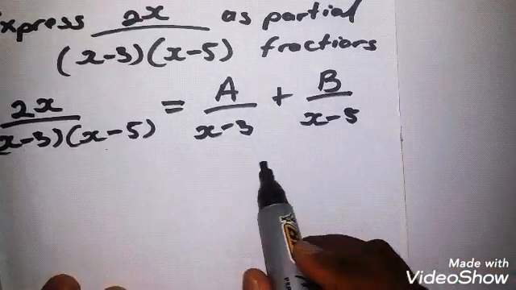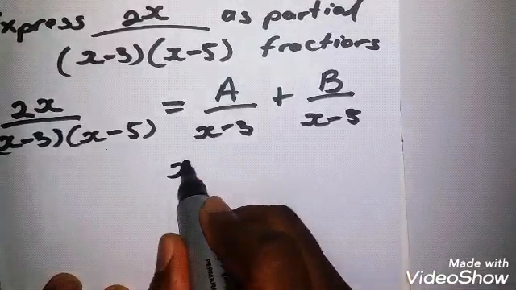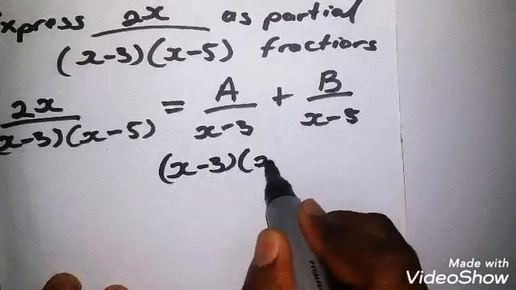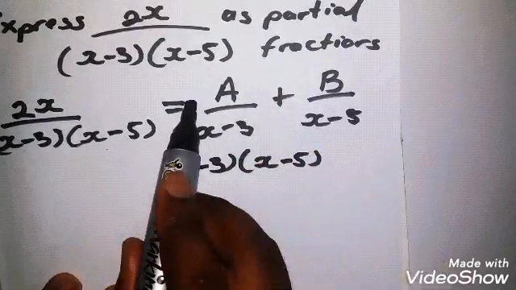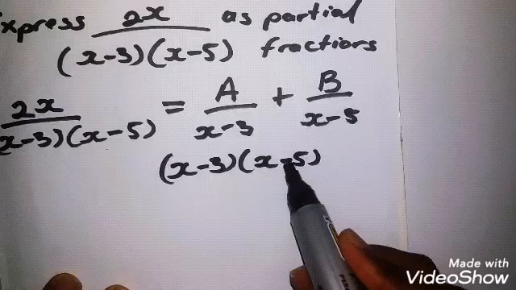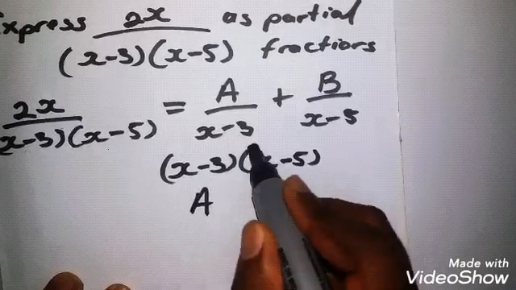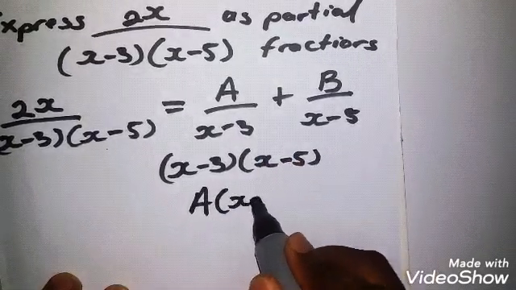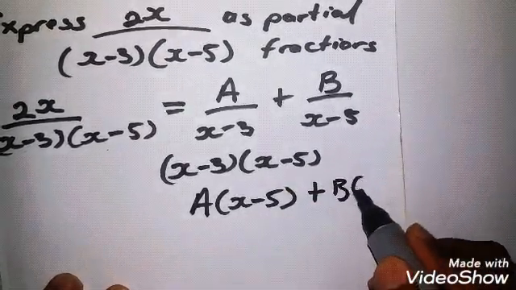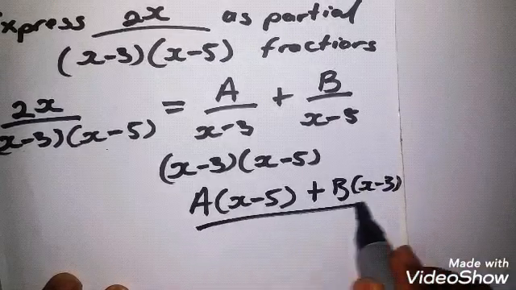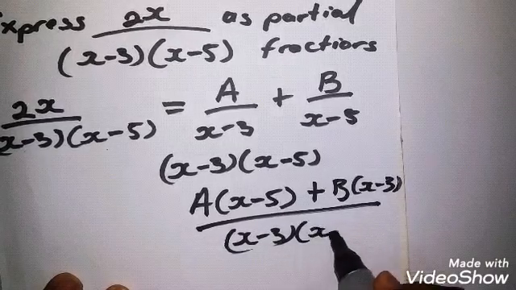And now with our rule of addition for fractions, we have to look for the multiple of this, which will be x minus 3 bracket x minus 5 bracket. We then multiply this. X minus 3 will cancel out here, and here x minus 5 will cancel out, so it will be represented as a times x minus 5 plus b times x minus 3, all on x minus 3 x minus 5.